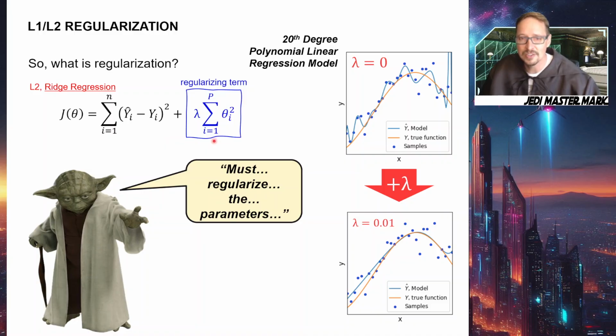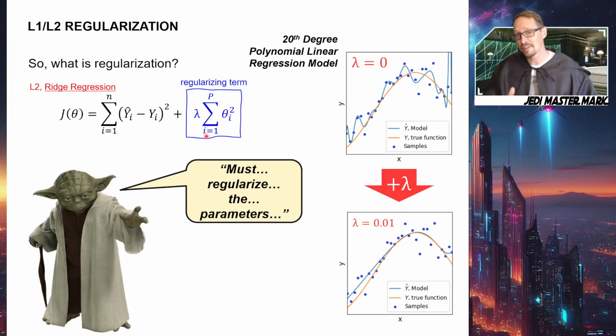In this second term, we have a parameter lambda, and we're going to multiply it by the sum of the squares of all of these theta values, theta 1 through however many thetas we have. In this case, with 20th degree, we have theta 1 through theta 20. So there's 20 terms. We're going to square them, and we're going to sum all of them. And this acts as kind of a penalty on those theta parameters getting too large.